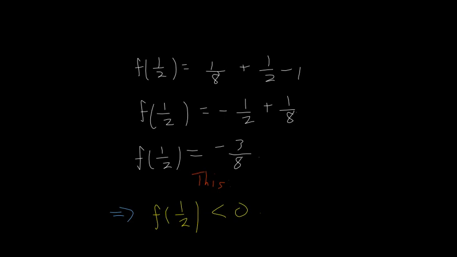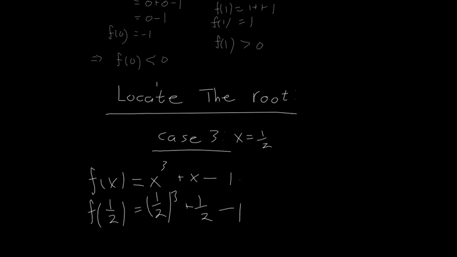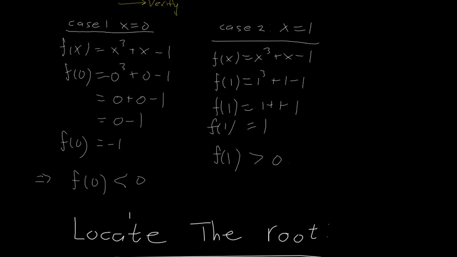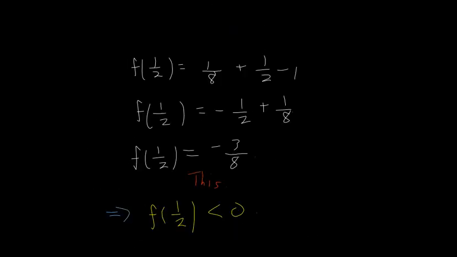So at x equals 1/2 it's negative. Now at x equals 1, the function is going to be positive. I already proved that, I don't have to do it again. f of 1 is positive. So the sign change happens between 1/2 and 1.